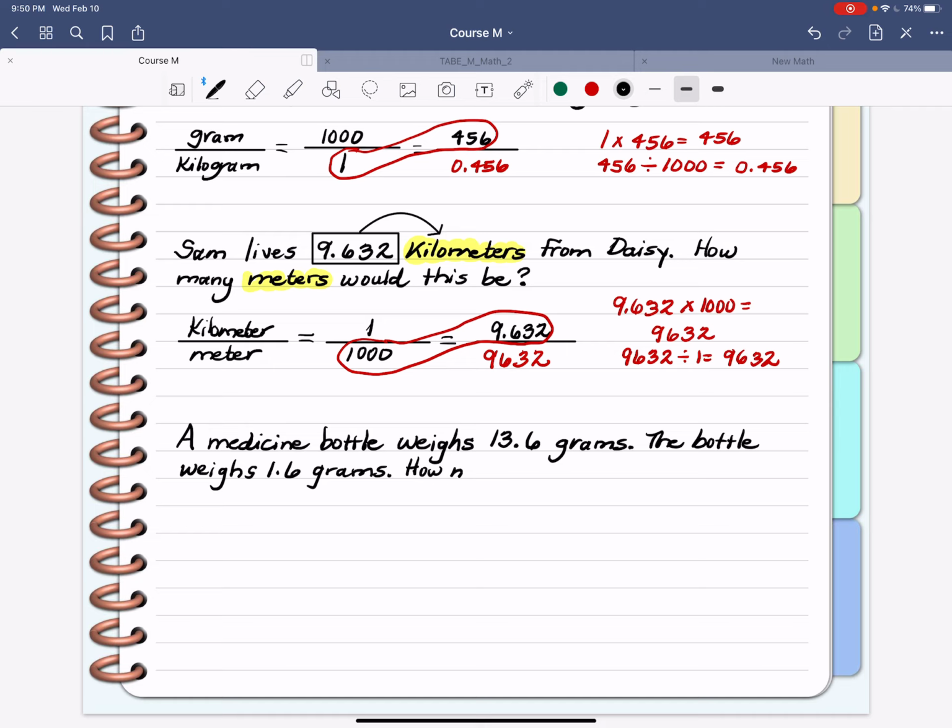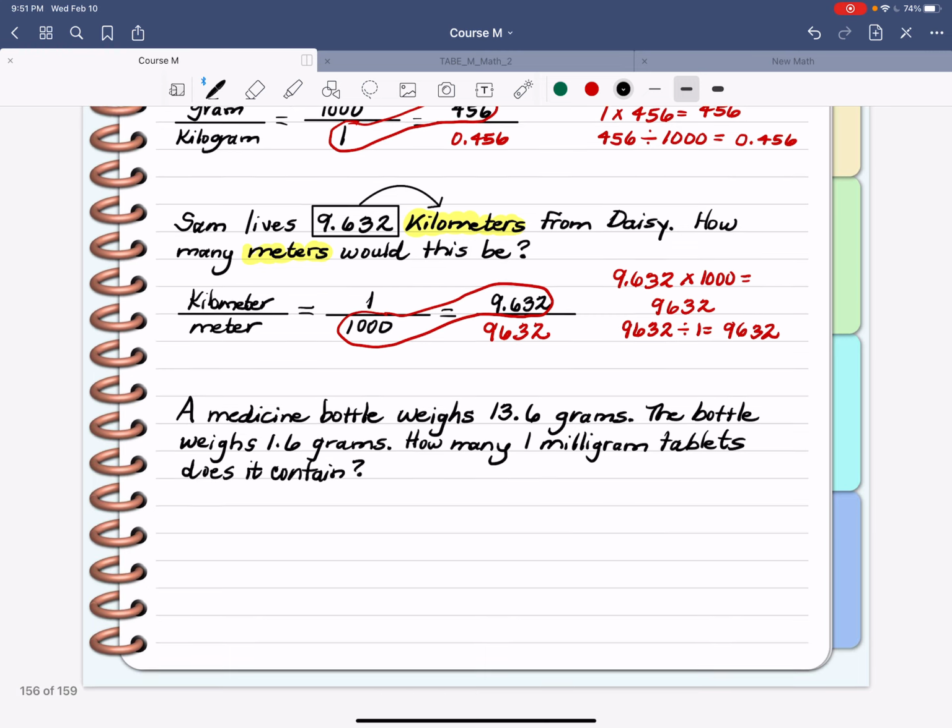How many 1 milligram tablets does it contain? And I hope this works. I'm just making it up.